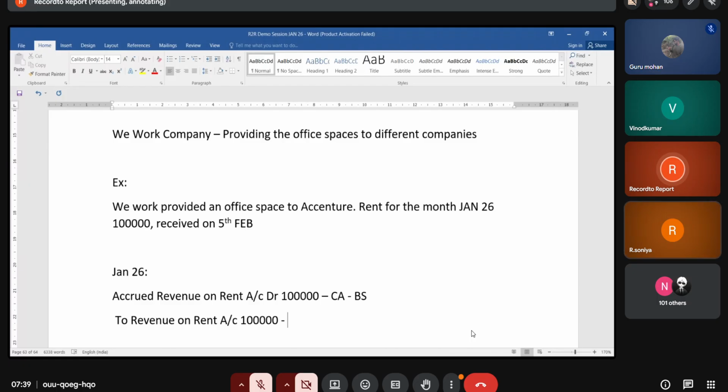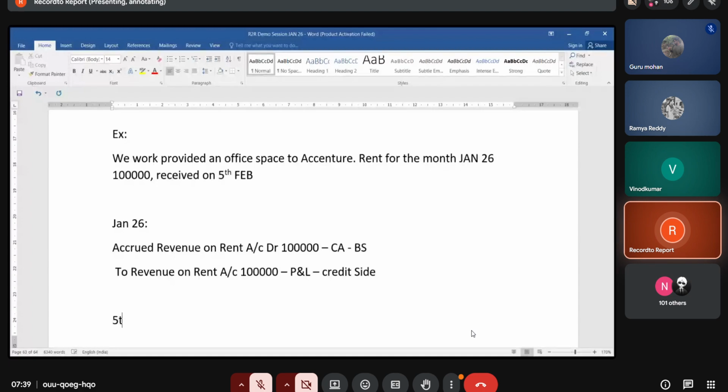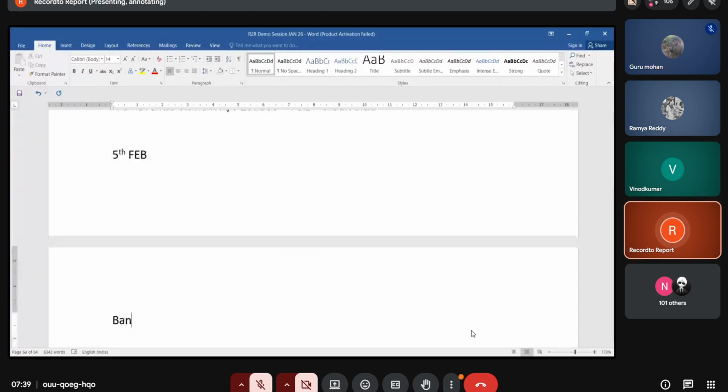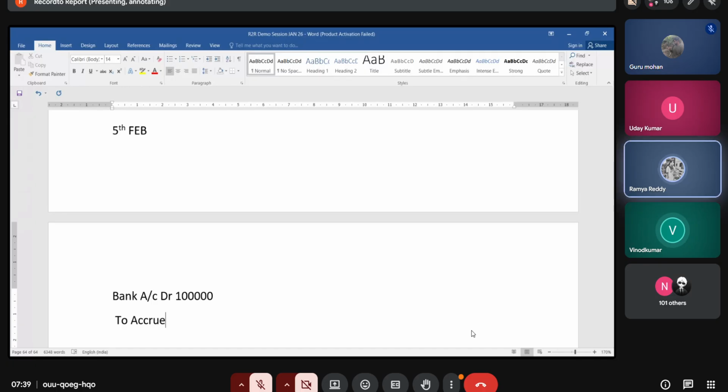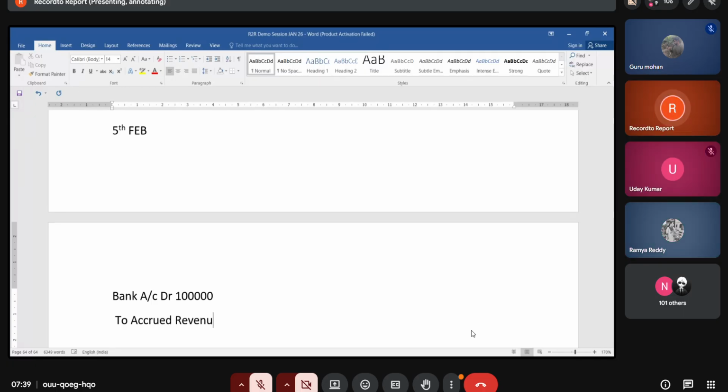And revenue will be shown in the P&L, profit and loss account, credit side. Okay. So on 5th February, I received the money. What entry is to be recorded? Bank account debit to accrued revenue on rent account.